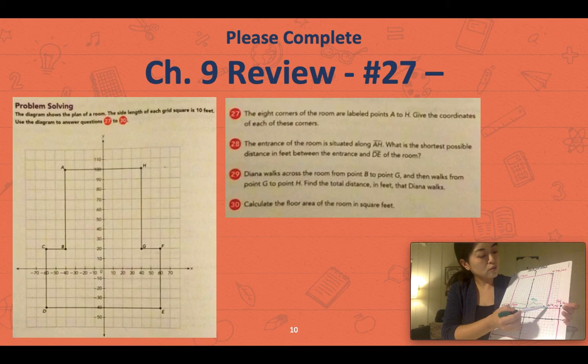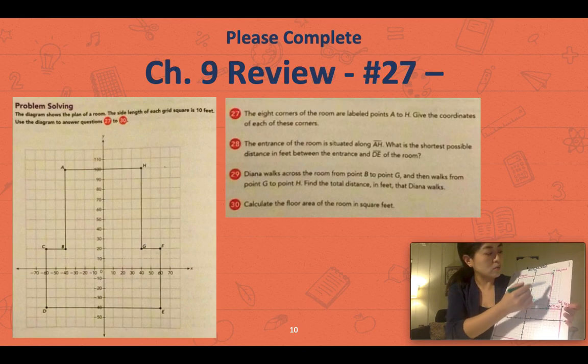From G to H, I can count it. It's 10, 20, 30, 40, that's 10, 20, 30, 40, 50, 60, 70, 80. Oh, look, this is also 80 feet.